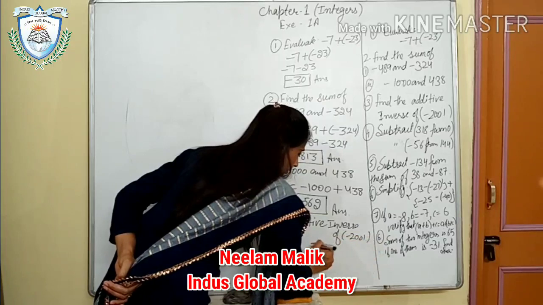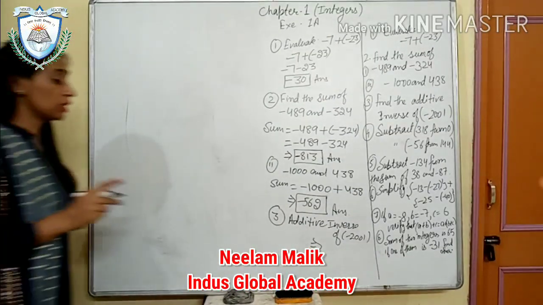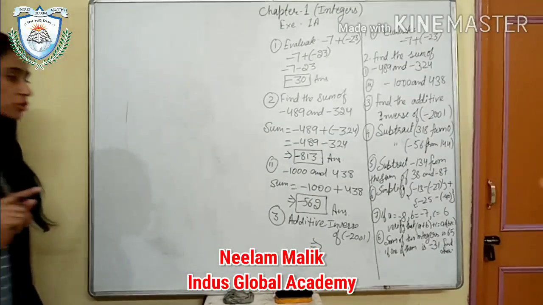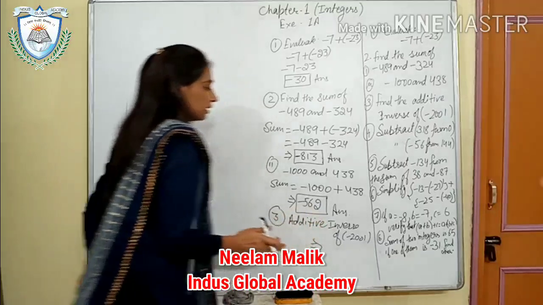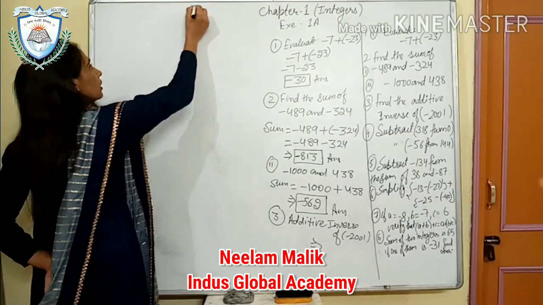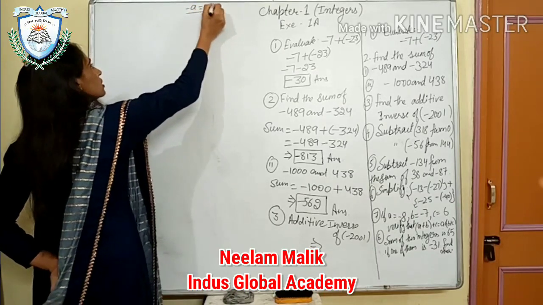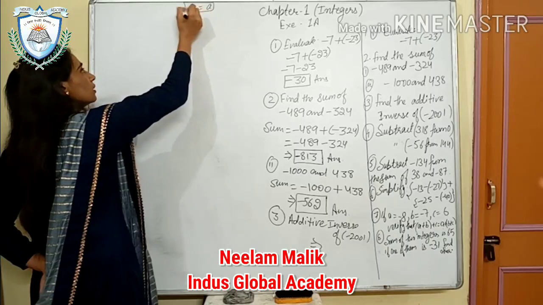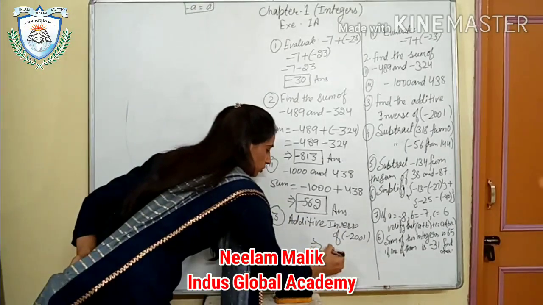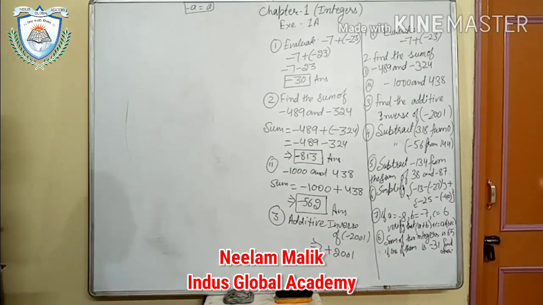We have done two things related to this: additive identity, that is 0, and the additive inverse. In the additive inverse, if we have A, then the additive inverse of this will be -A, meaning we will just change the sign. This is negative, so it will be positive. That means 2001 is the additive inverse of the given number.